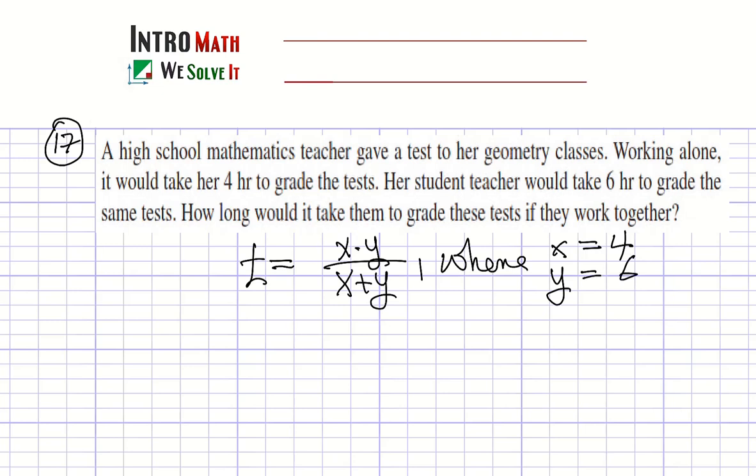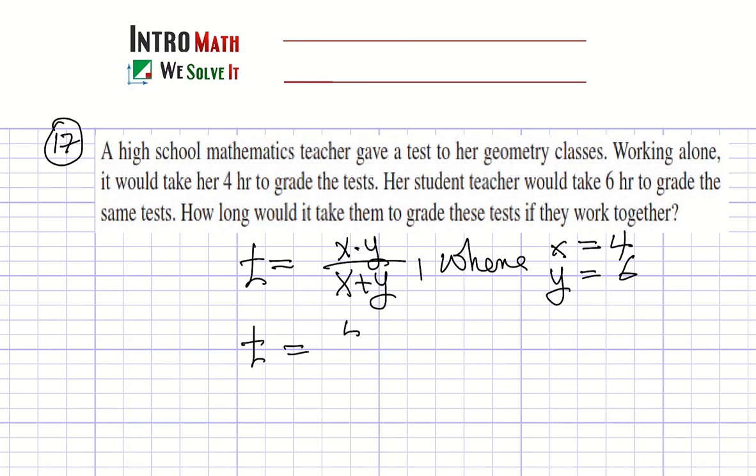And then you get t equals 4 times 6 over 4 plus 6. You see that, right? That's all.